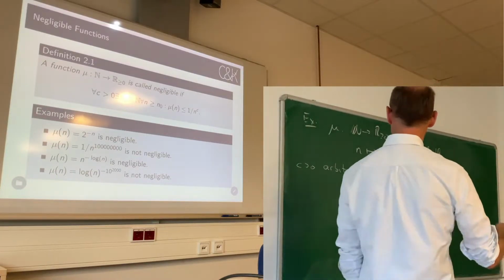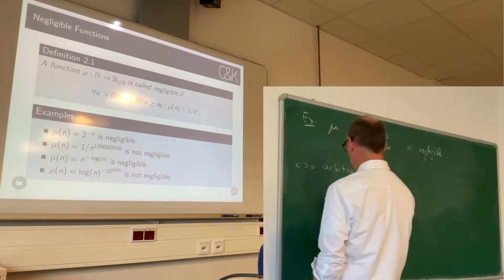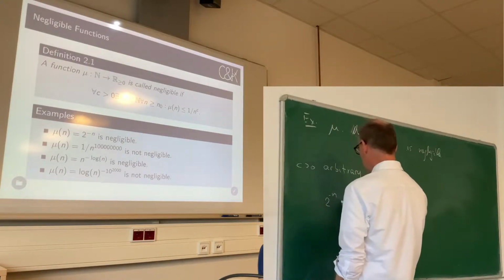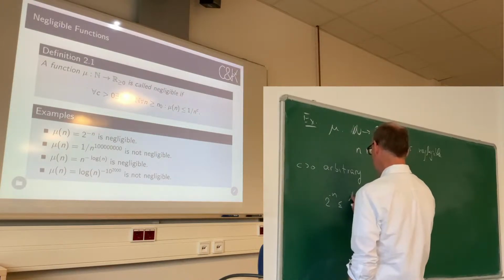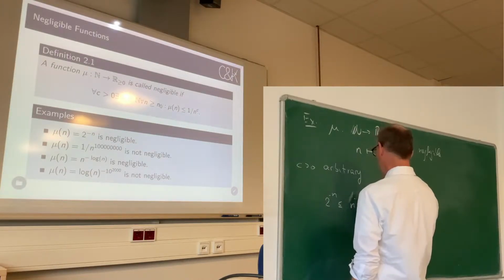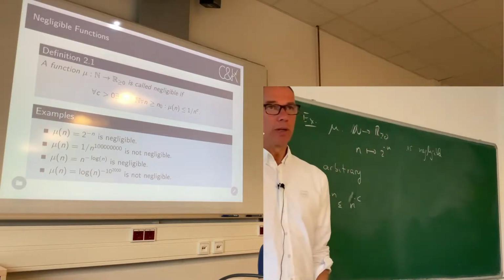Well, let's just write it down. What does it mean? 2 to the minus n is less than or equal to n to the minus c, right? This is just 1 over n to the c.